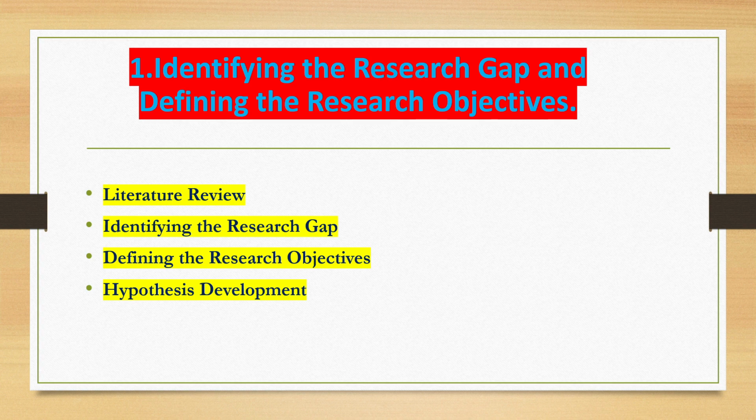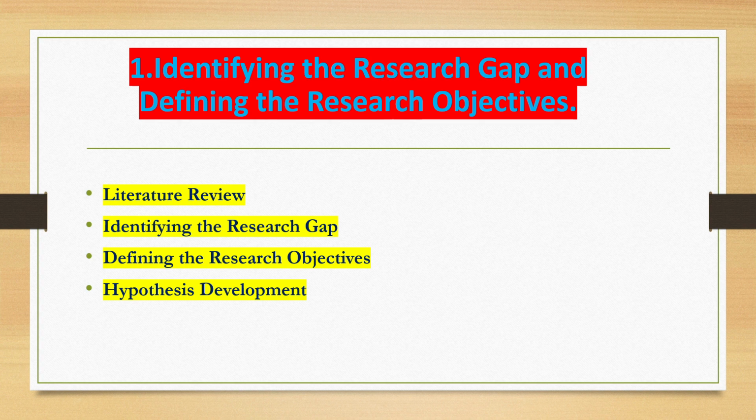Once we come up with any gap, by gap I again mean the area where the requirement of the research is there. So after getting that area, which is called a problem area, we define the research objectives. We develop research objectives, and lastly we develop the hypothesis on the basis of our understanding of the topic, our observation and our experiences.